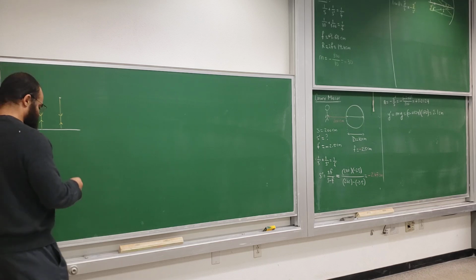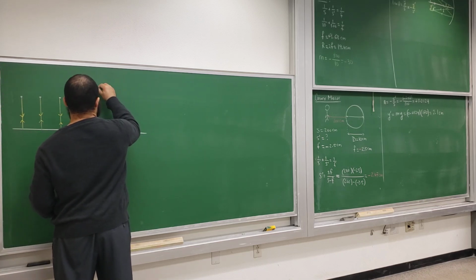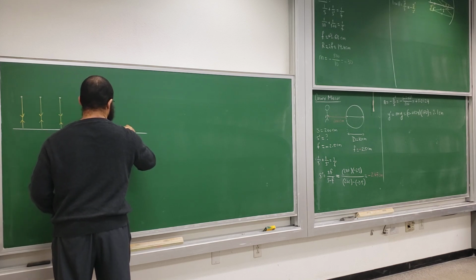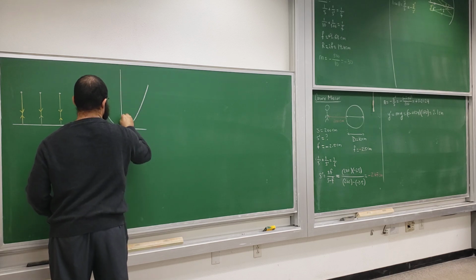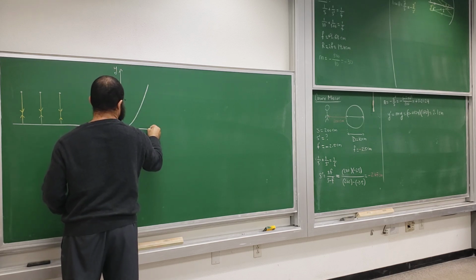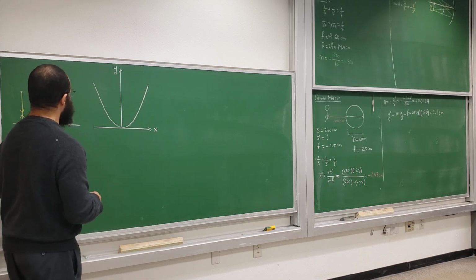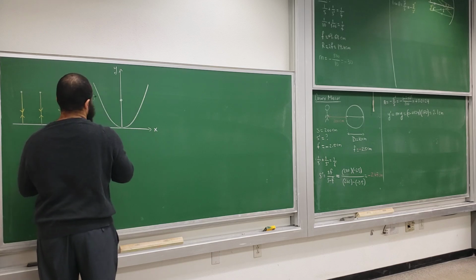But now let's intercept them. We're going to place a mirror right here. It's going to have some shape like this. Okay. And let's say the first ray is here, this one.